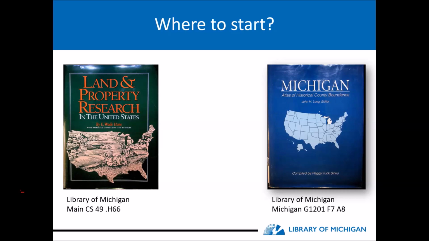So just keep that in mind. Also important to keep in mind when doing land research is that there is a very low, or has been, I should say, so far, knock on wood, a low loss ratio of these records. As we think about loss like 1890 and fires for the census, and things like that, there is very low loss on these records.